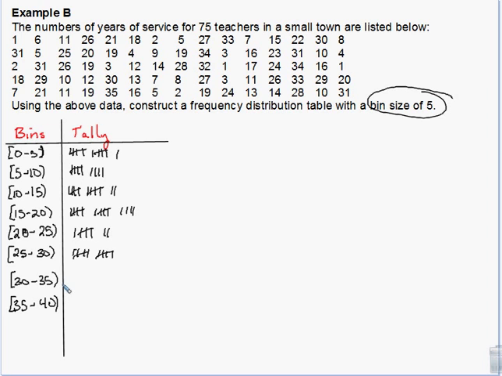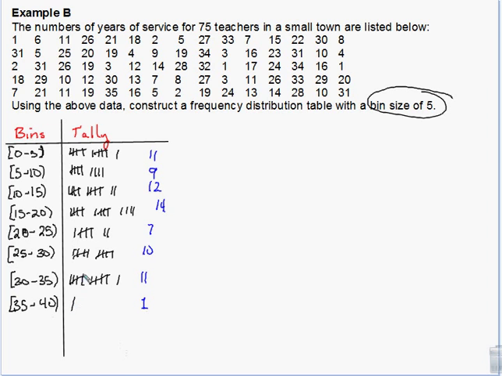Are we sure there's a 35? Where's the 35? Oh, right there. Okay, so this is actually going to be like that. So we have 11, 9, 12, 14, 7, 10, 11, and 1.